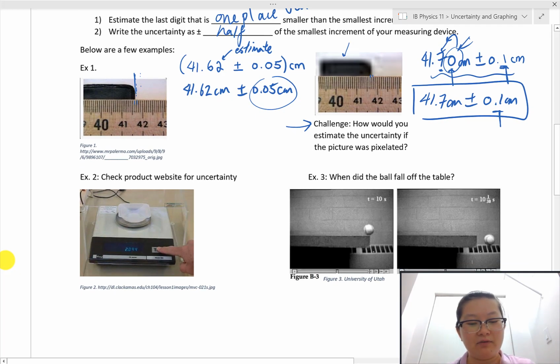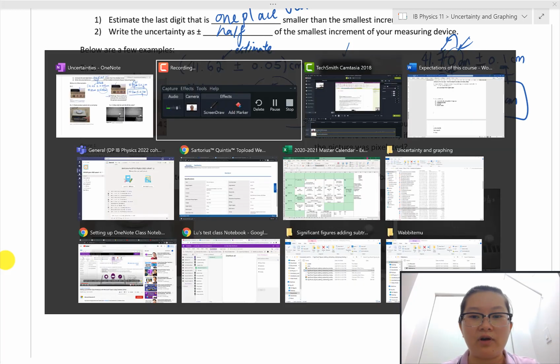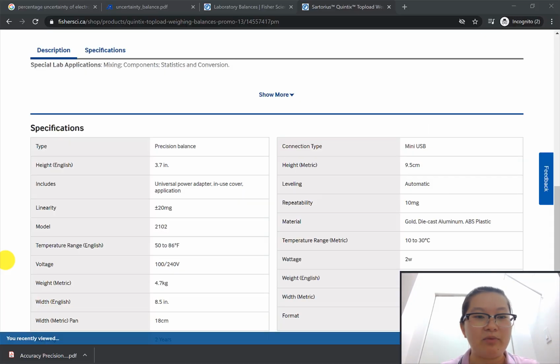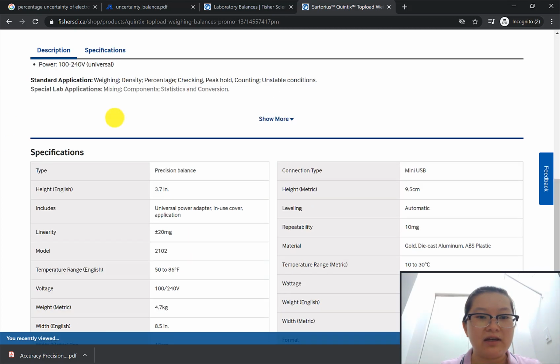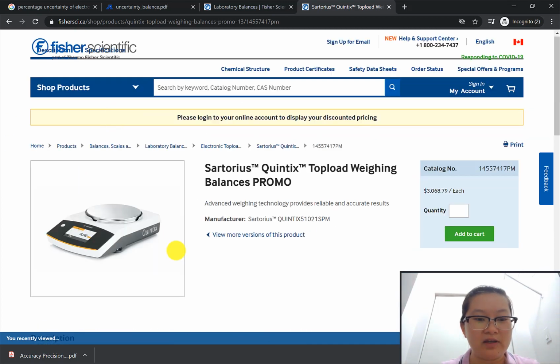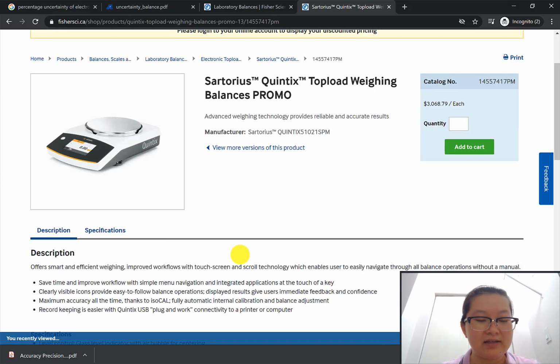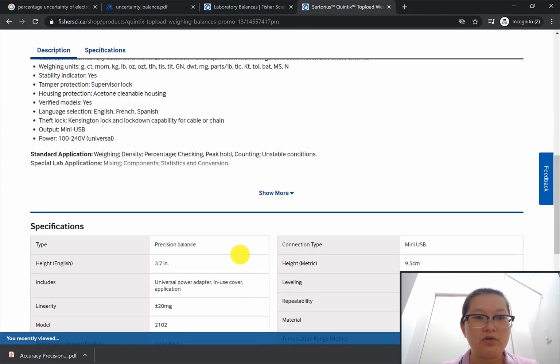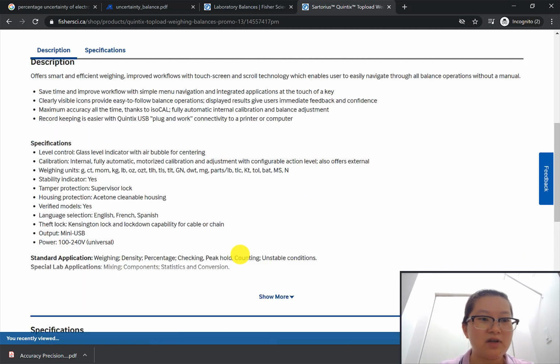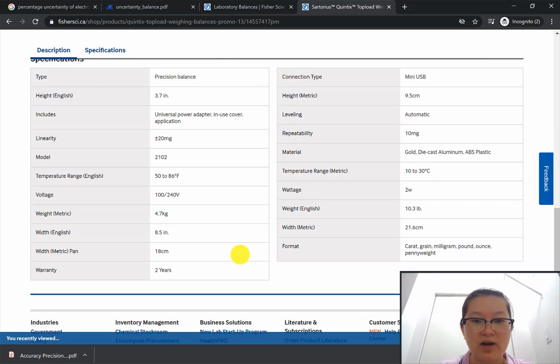I don't have the right website for this one, but I have the one for another example. So this is a Fisher brand, and I just picked a random one here, this one that looks like that. Okay, so then if you do a Google search for your model, and you come up with some descriptions, specifications, and so I find this.